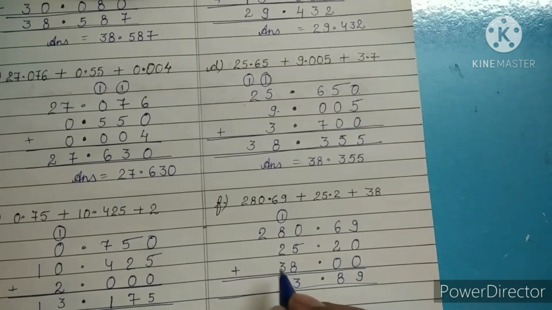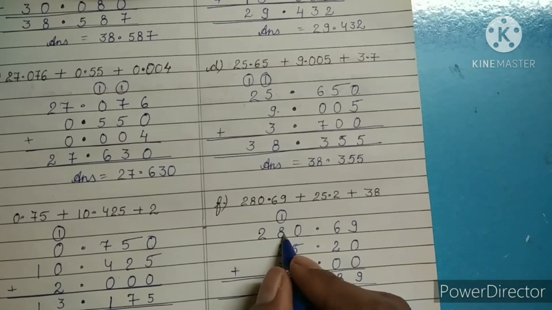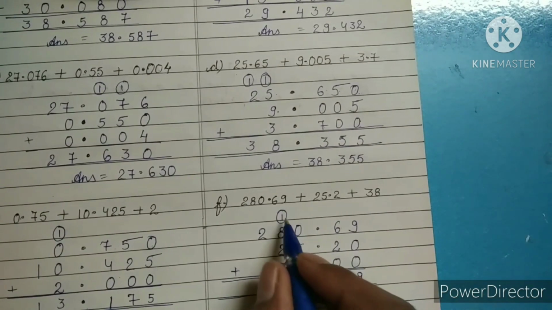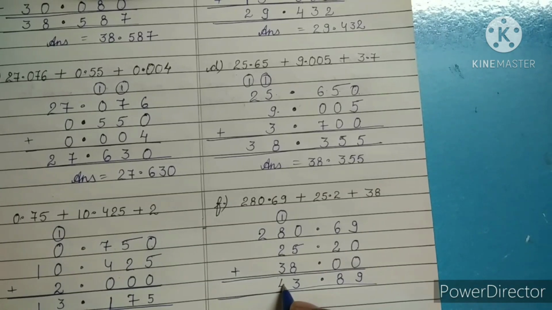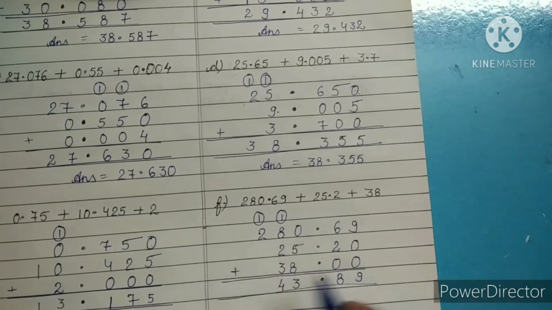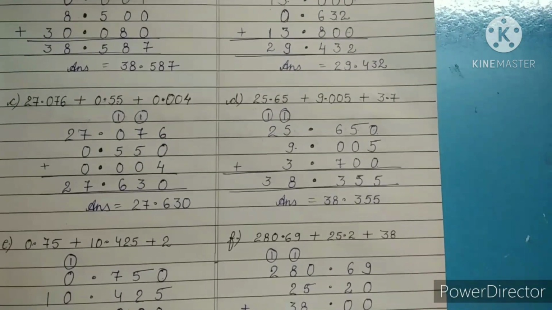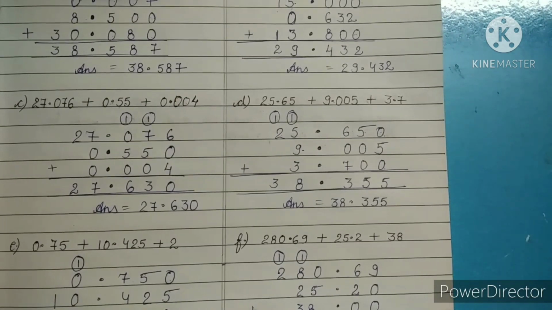Now 3 plus 2 is 5. 5 plus 8 is 13, plus 1 is 14. 1 will go on the carry. 2 plus 1 is 3. So its answer is 343.89. So here we completed our question number 1 of exercise 8.5.